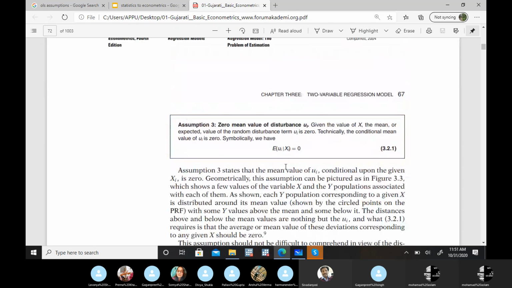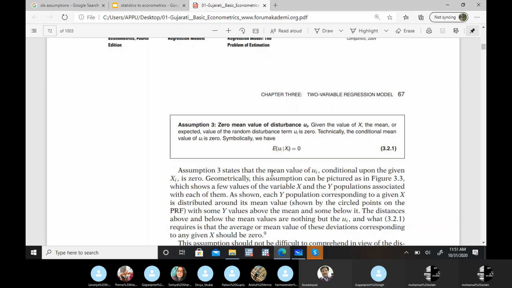Now this is the technical point that this sum is zero, but what it means in theoretical terms is that on average the value of the unknown factors is zero. It's the unknown factors which we have given a space in the econometric model, and their average is zero.